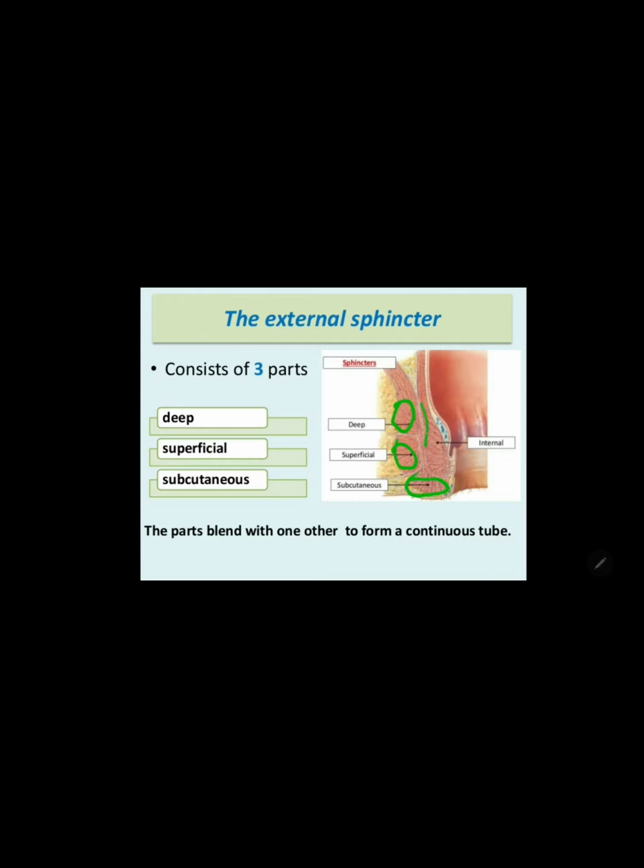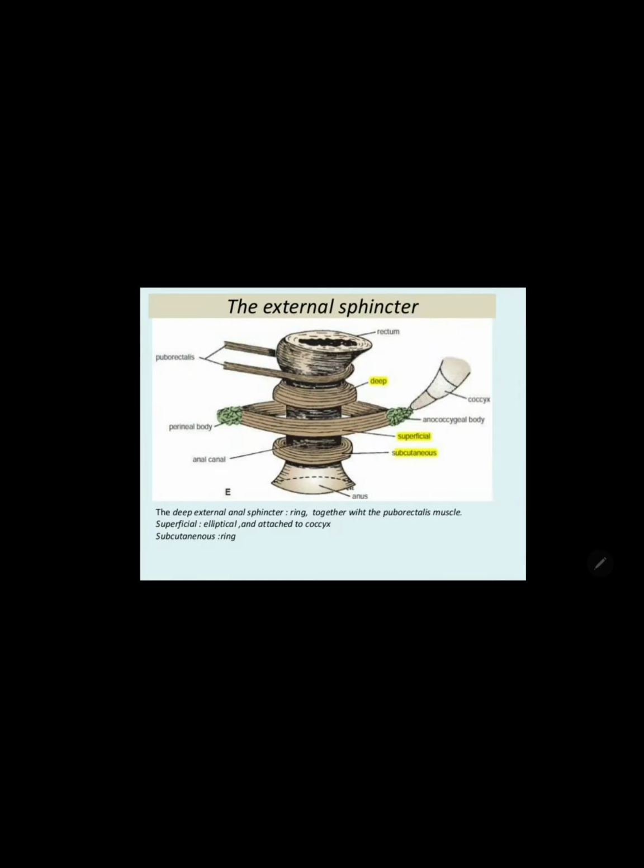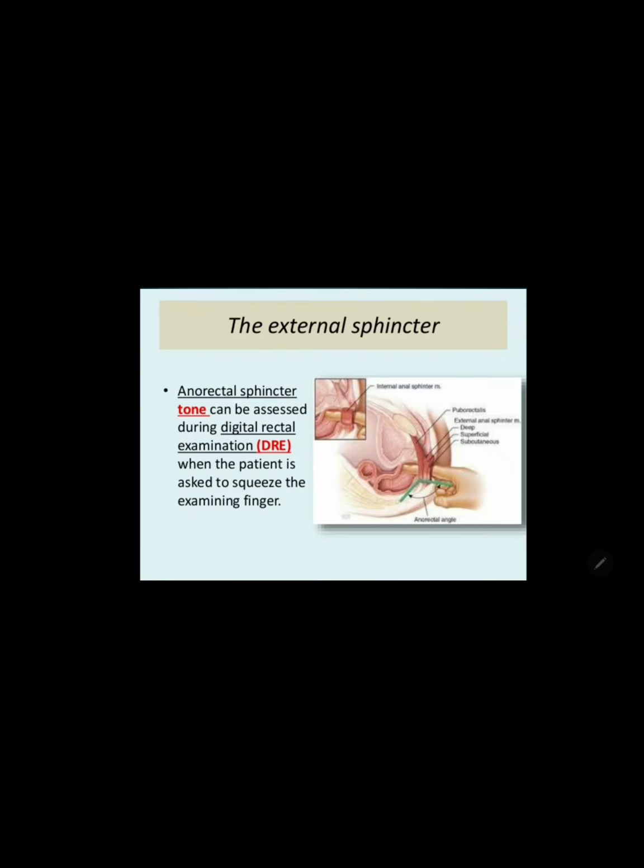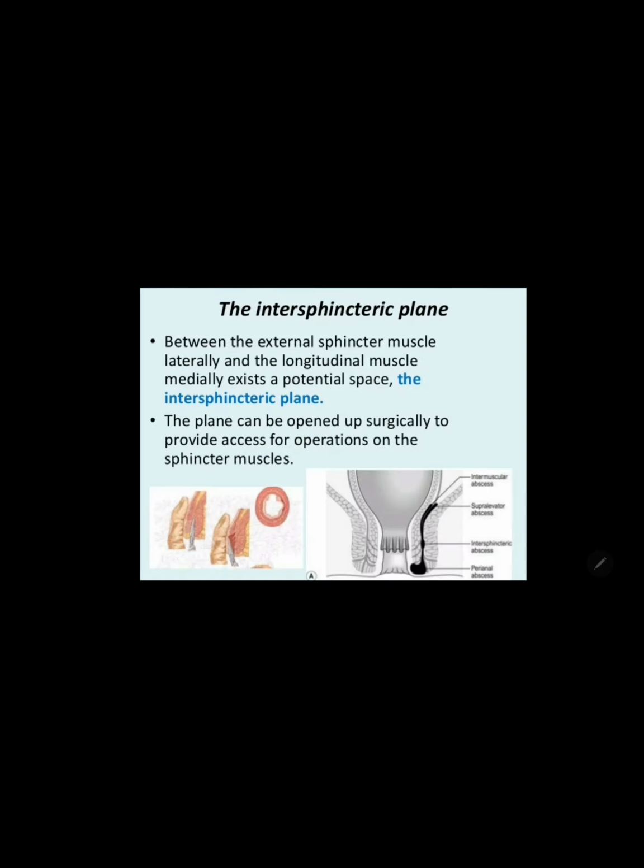And here is the entire internal sphincter. And you can notice there the subcutaneous part, it surrounds the anal canal. Superficial part is coming from the tip of the coccyx to the perineal body here, whereas the deep part also surrounds but is in close relation with the puborectalis. So you can see again the parts of the external sphincter.